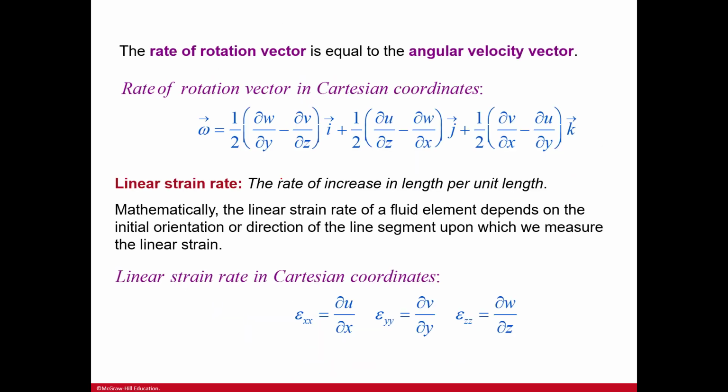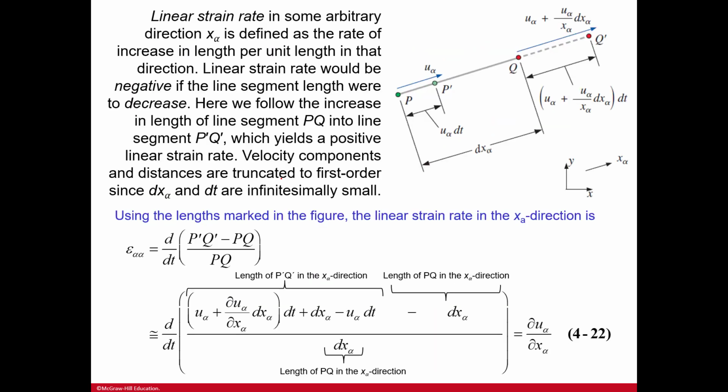The rate of rotation vector is equal to the angular velocity vector. And when we have linear strain rate, that is the rate of increase in length per unit length. Here's additional information for how we get these formulas that we have.